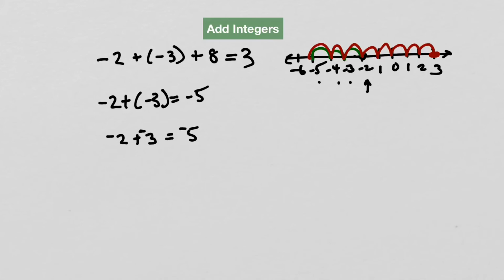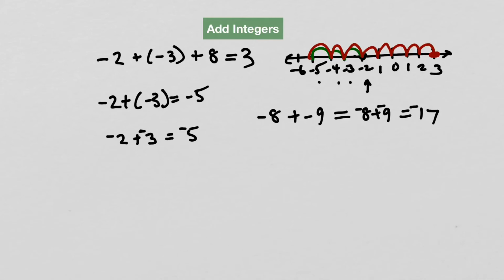Okay? So let's take a look at an example. If we take a -8 and add a -9, that is the same thing as 8 plus 9, which is equal to 17. Negative, negative, negative.